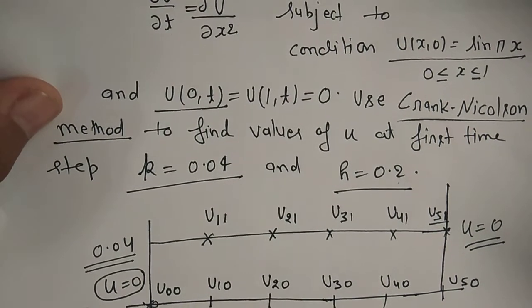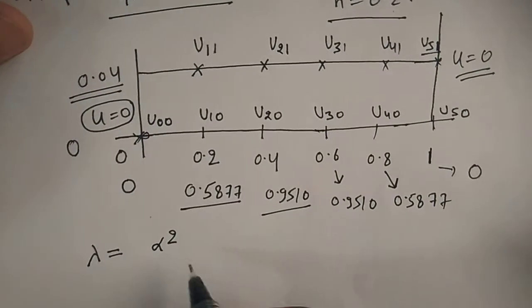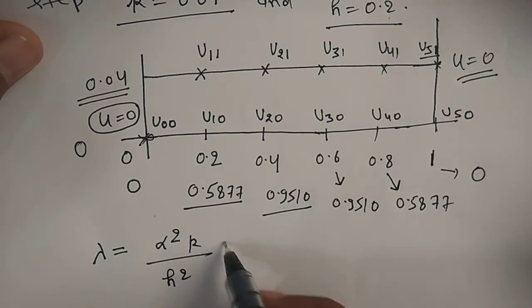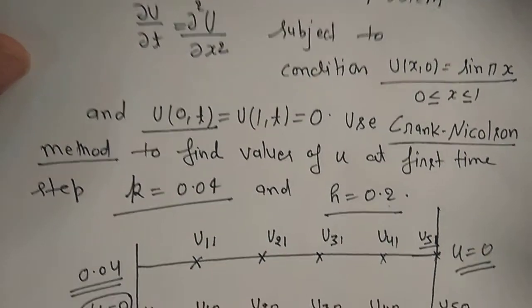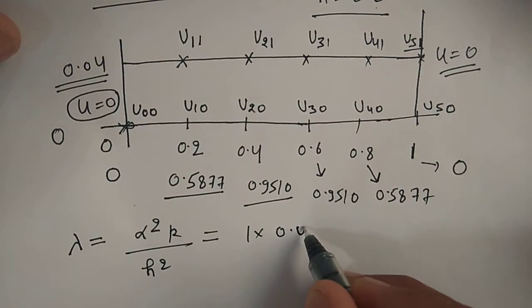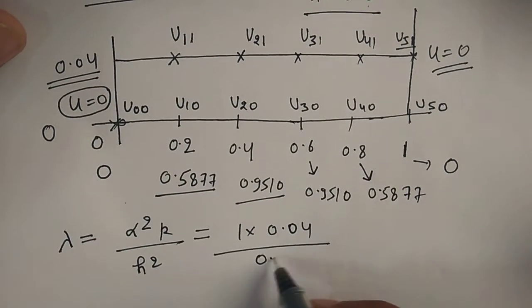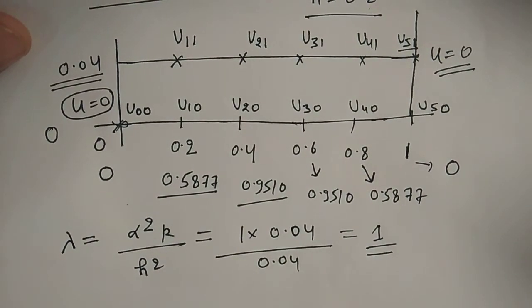Lambda equal to alpha square k by h square. Here alpha square is 1, given, 1 into k equal to 0.04, h equal to 0.2, so 0.04 divided by 0.04 equal to 1. So lambda equal to 1.